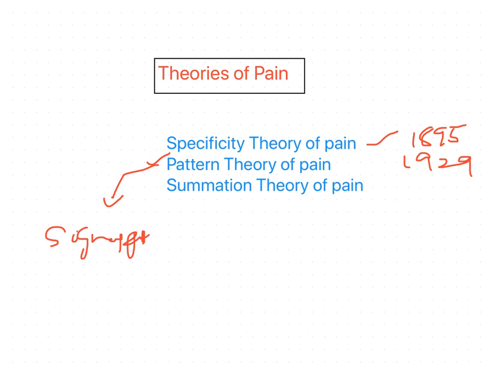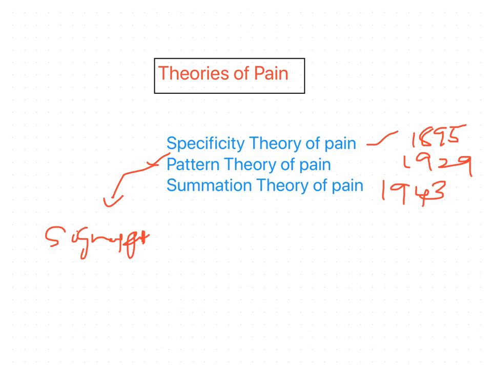And the next one is the summation theory. Actually, the summation theory was proposed by Livingstone in 1943, and this Livingstone theory is called the central summation theory.